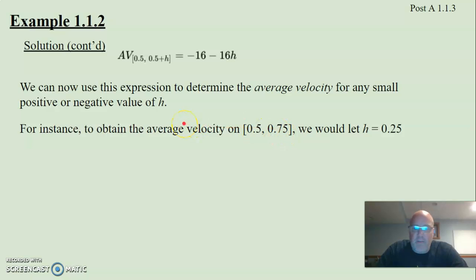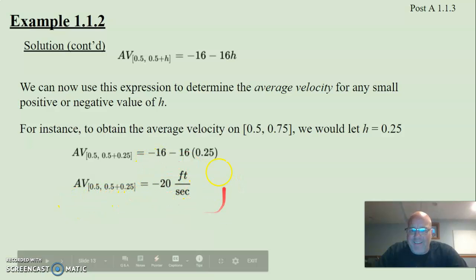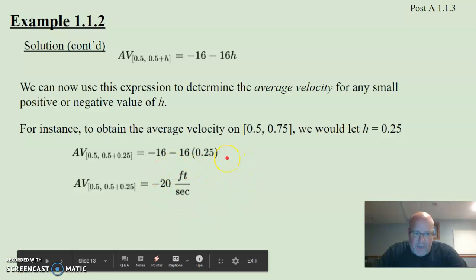Instead of using my average velocity formula, I can now just use negative 16 minus 16h, but I've got to figure out what h is. If I start at 0.5 here, and I go to 0.75 here, what is that h value? Well, that h value is now 0.25. So all I have to do is plug 0.25 in for h. I simplify this thing, and I get the average velocity from 0.5 to 0.75 is negative 20 feet per second.